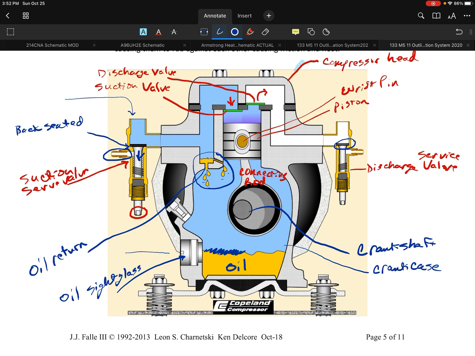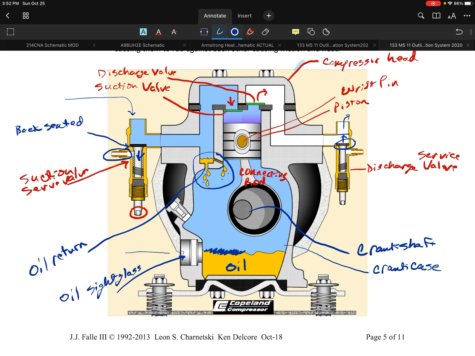So what we're going to say is this, is that when they say do not operate it ever in a front-seated position during operation, front-seated would be this moving up to this position where it would actually block off that discharge.